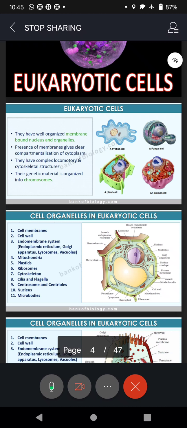So nucleus is present in both plant cell as well as animal cell. Similarly, you must have observed plant tissues like epidermal tissue or leaf parenchyma. There you must observe the nucleus centrally present.